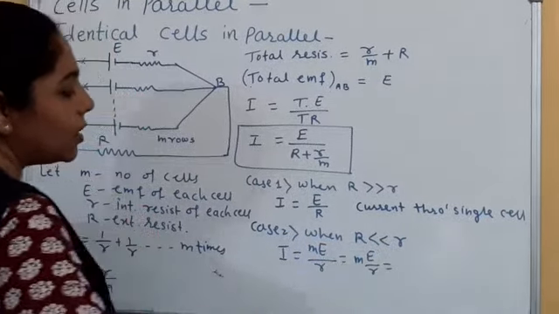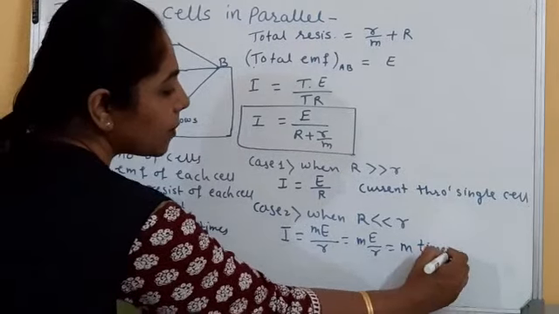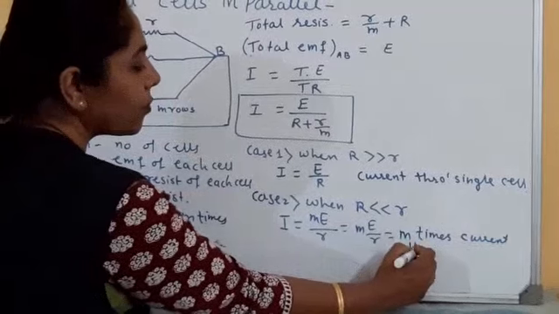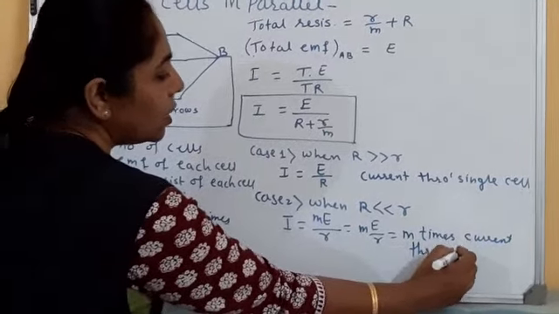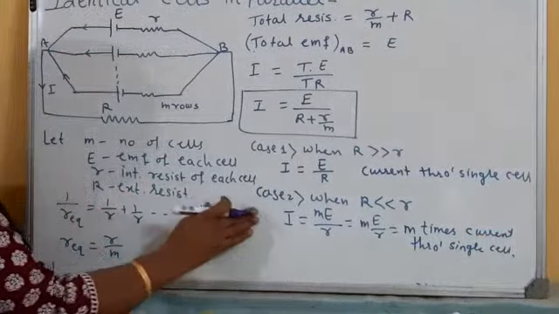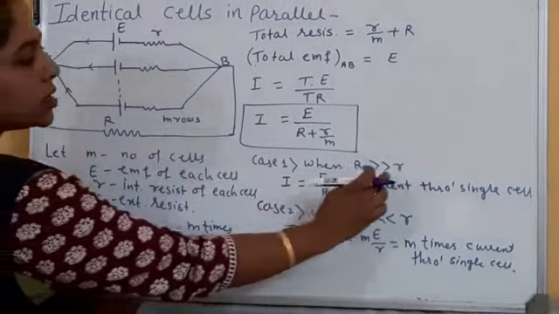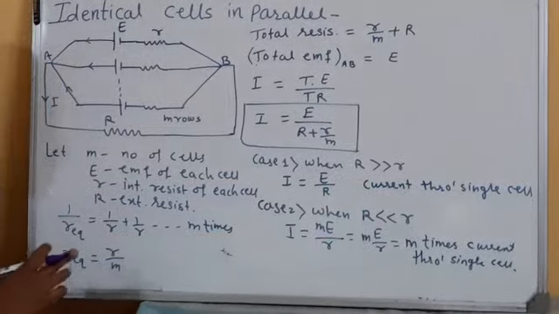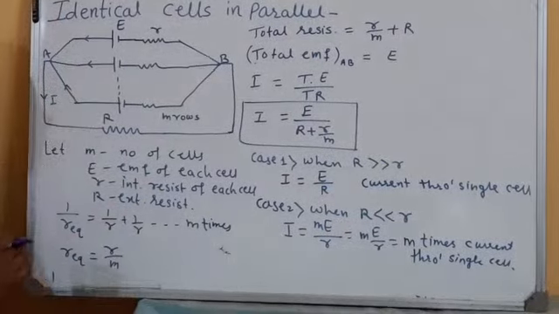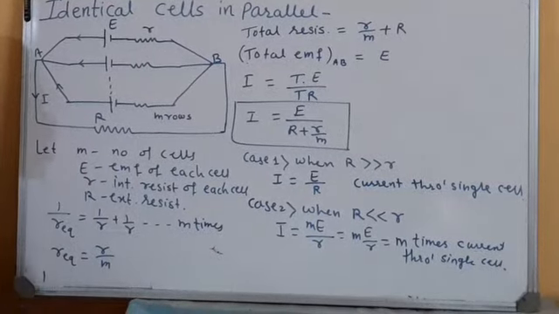It shows that the current in the circuit is m times the current through a single cell. Means when the cells are connected in parallel, if the internal resistance is small, you will get only the current due to a single cell. But if the internal resistance is large, you will get the current m times, or number of cells times the current due to the single cell.